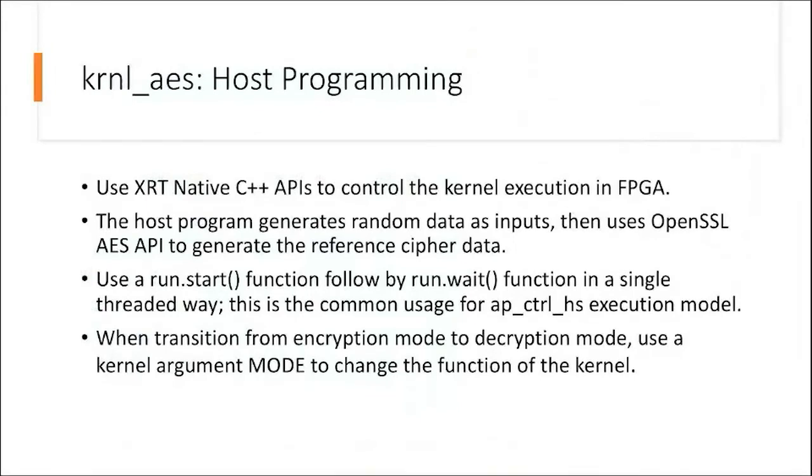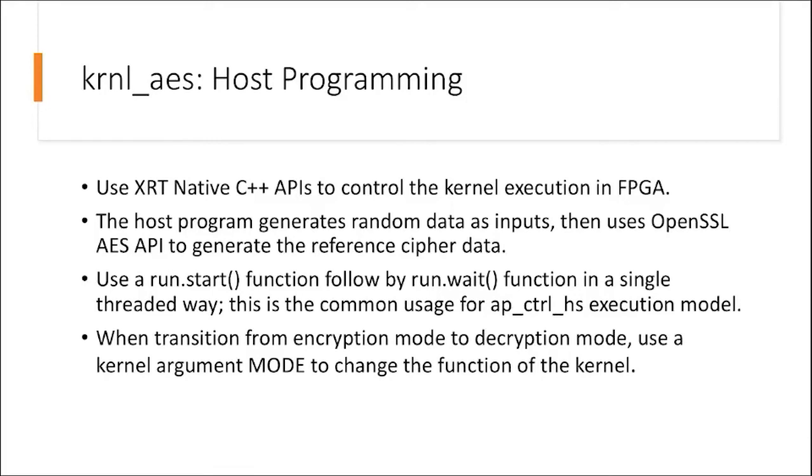In the last stage, we introduced how we perform host programming. We use XRT native C++ APIs to control the kernel execution in the FPGA. The host program generates random data as input, and then uses the OpenSSL AES API to generate the reference server data.